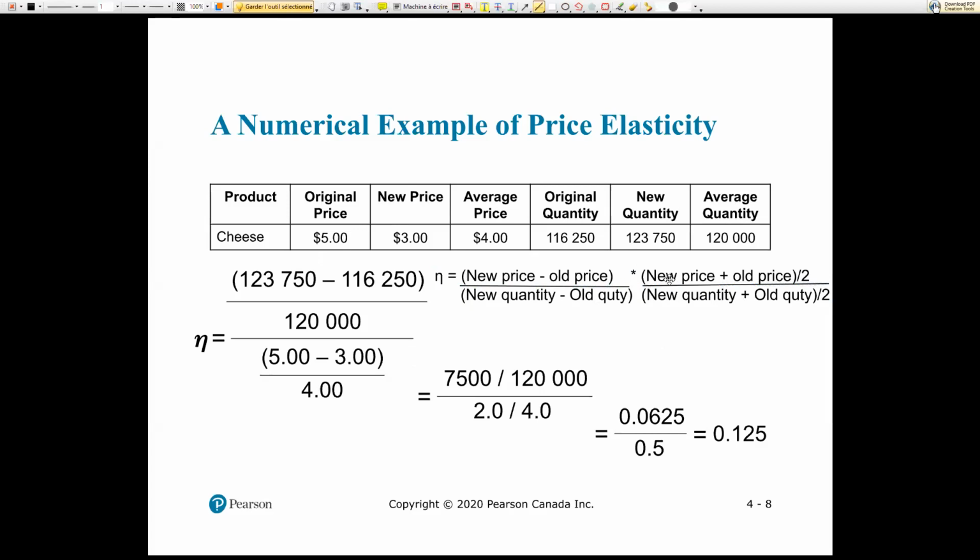All right. Oh no, this is wrong. Sorry. We have the original price and also the average. I'm confused. We have the original price and the original quantity. So why are you dividing by 2? I don't understand.